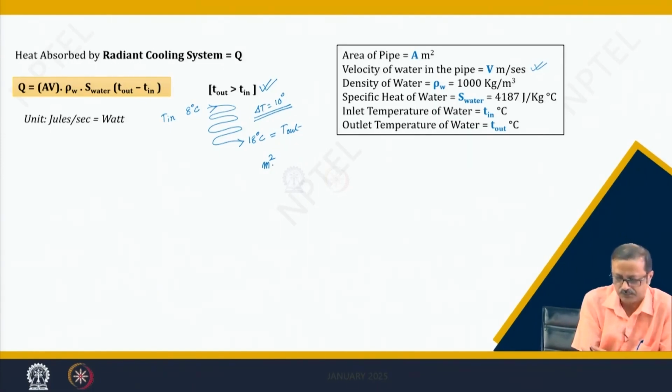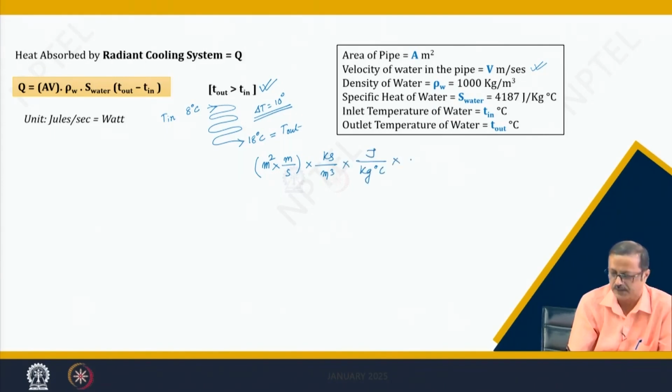V is meter per second, multiplied by rho in kg per meter cube, multiplied by the specific heat in joule per kg per degree C, multiplied by the temperature difference in degree C. The meter cube cancels, the kg cancels, the degree C cancels, and it is left with joule per second, which is watt.